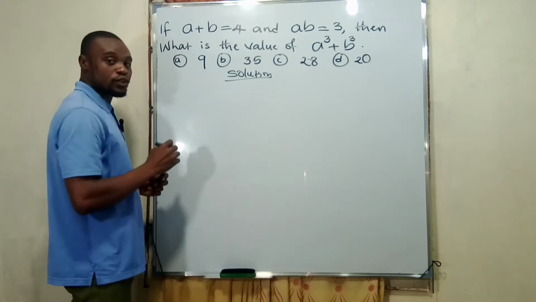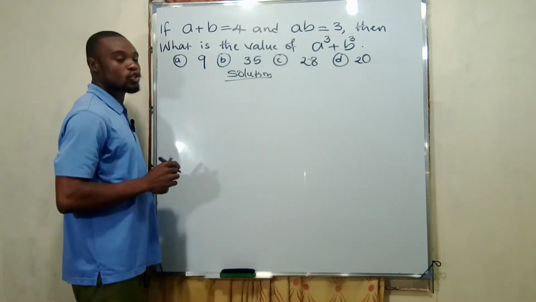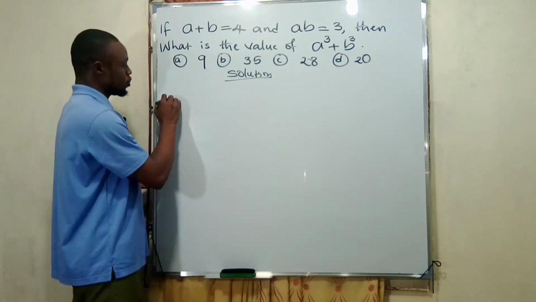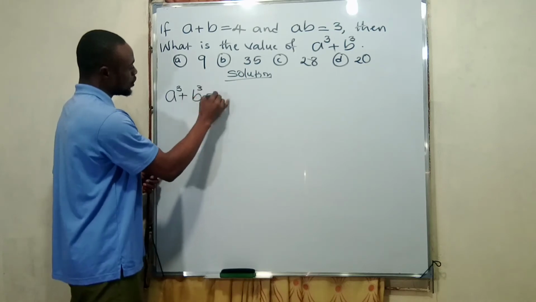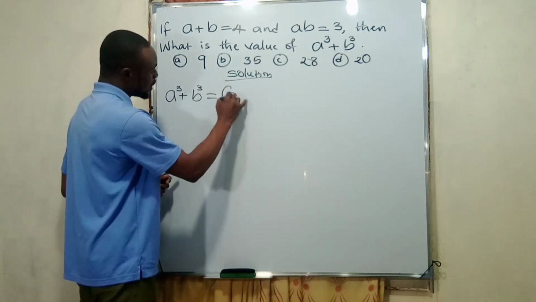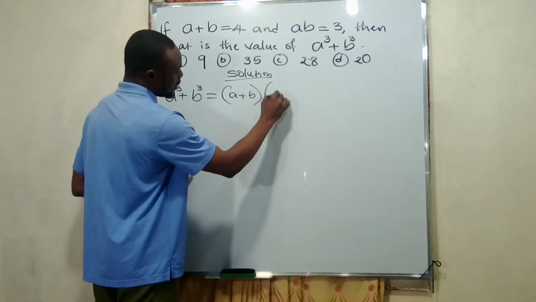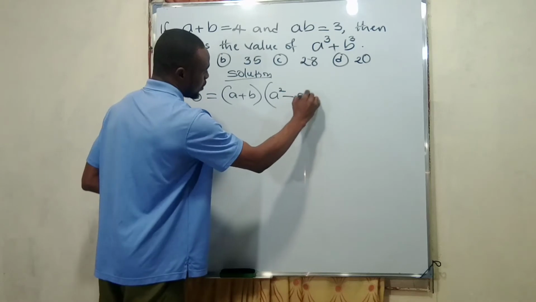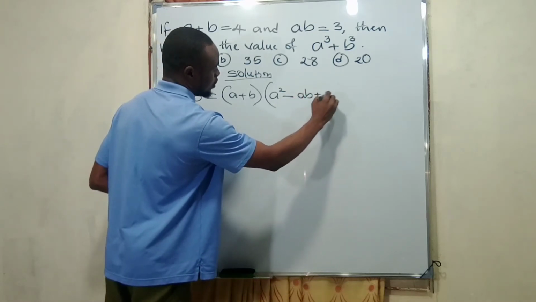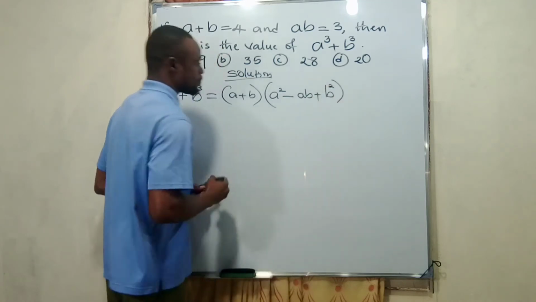So, like I said, the first thing I'm going to do is to write out the expression for the sum of two cubes, which is a cubed plus b cubed, and is equal to open bracket a plus b close bracket, open bracket a squared minus ab plus b squared, close bracket.